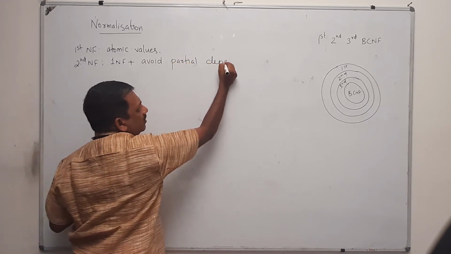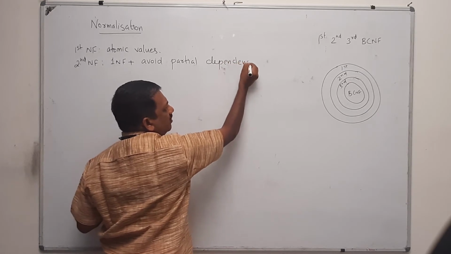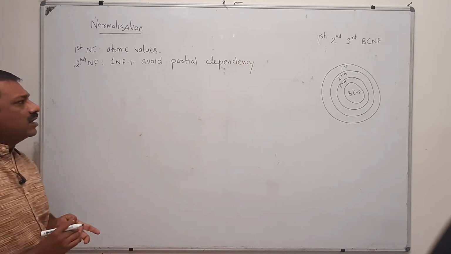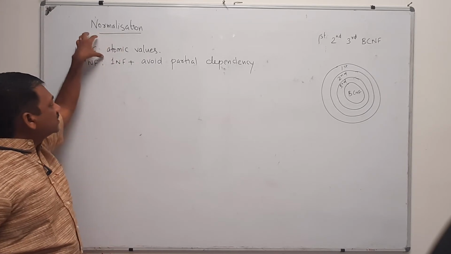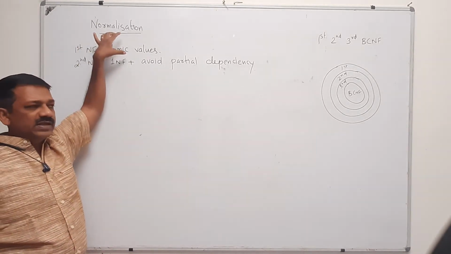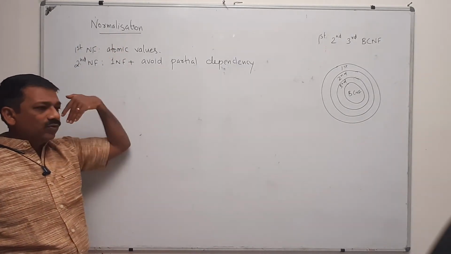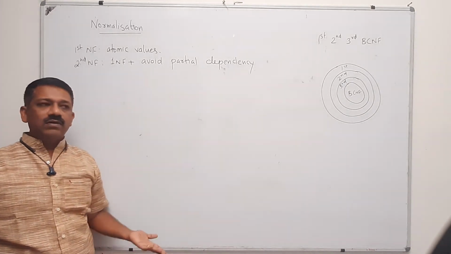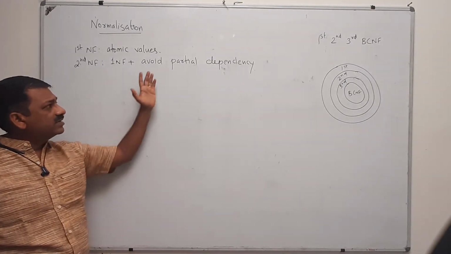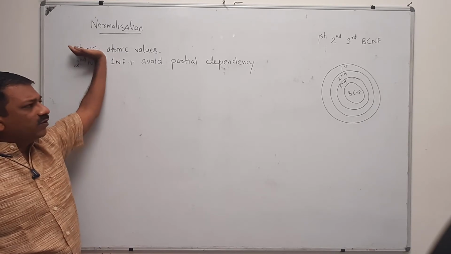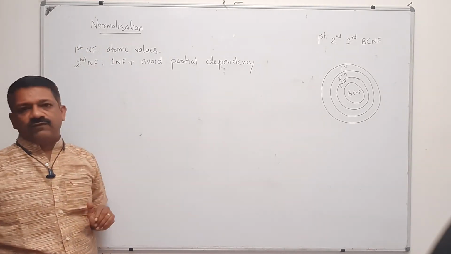In first normal form we can have partial dependencies, and if you remove partial dependencies from a first normal form table, that table is called second normal form.